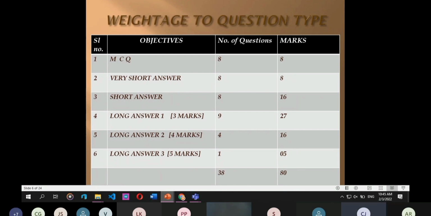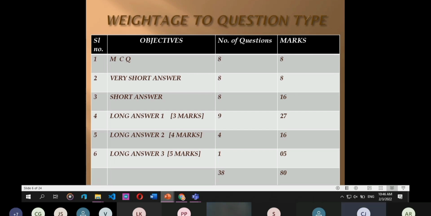For these, 8 questions are asked, each question carrying 1 mark. Then the second question type, very short answer: 8 questions, 8 marks. Each answer carries 1 mark.